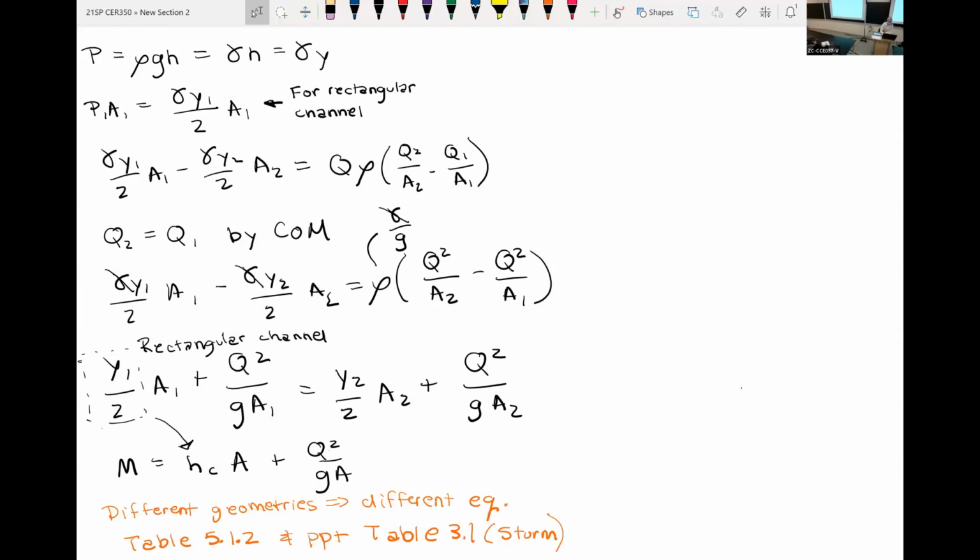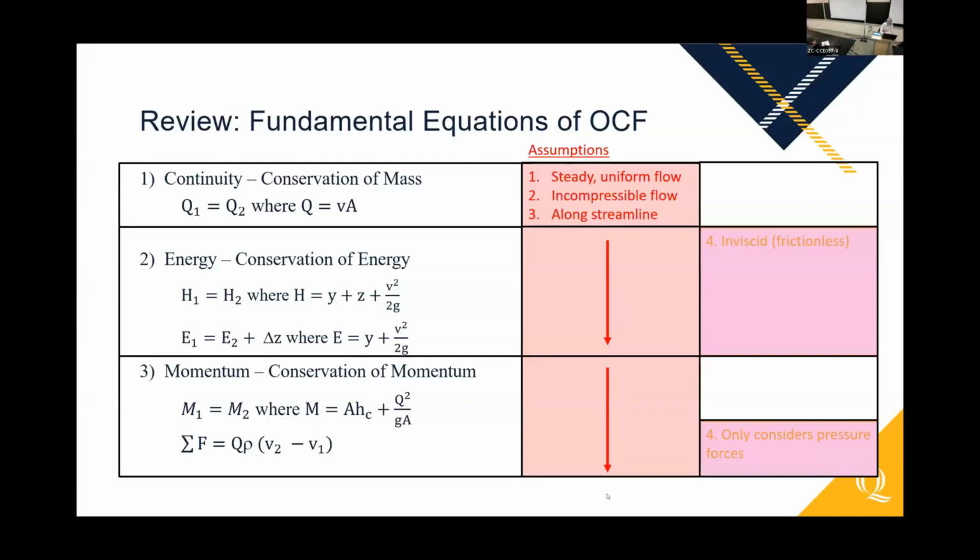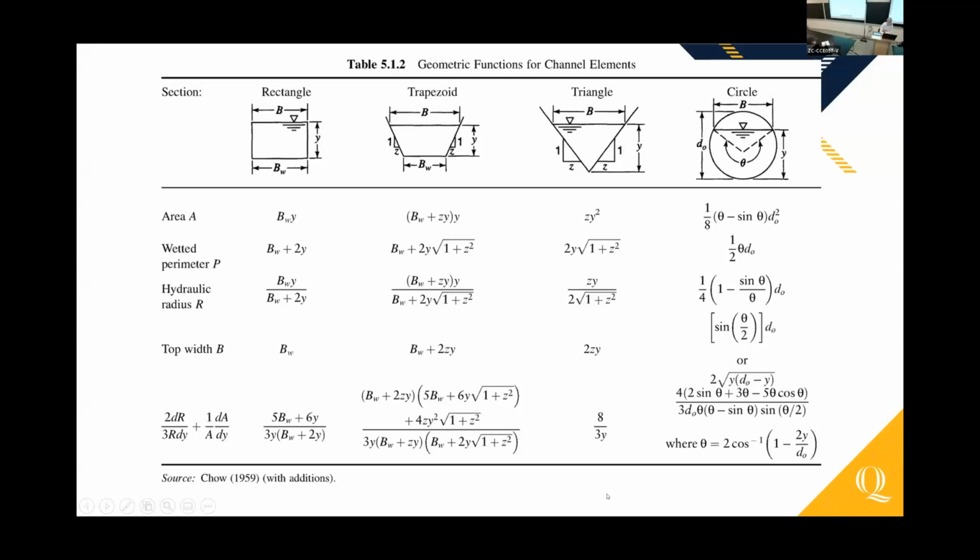Any questions on that? Or anything you would like clarified? Let's jump back over to our PowerPoint. And again, here's the tables, so you can see the areas that are given for the different geometries.